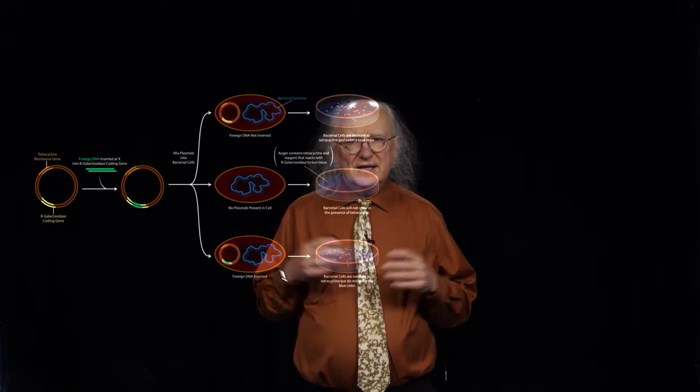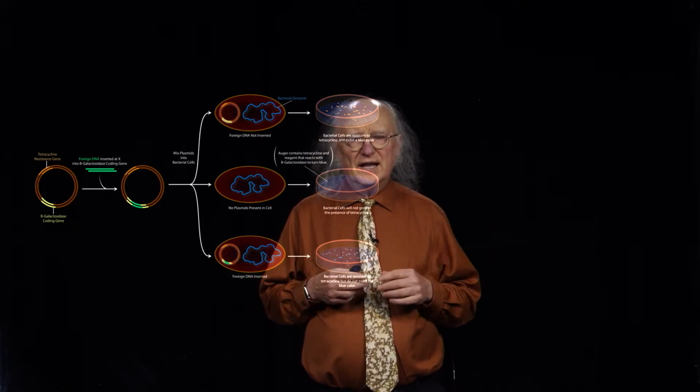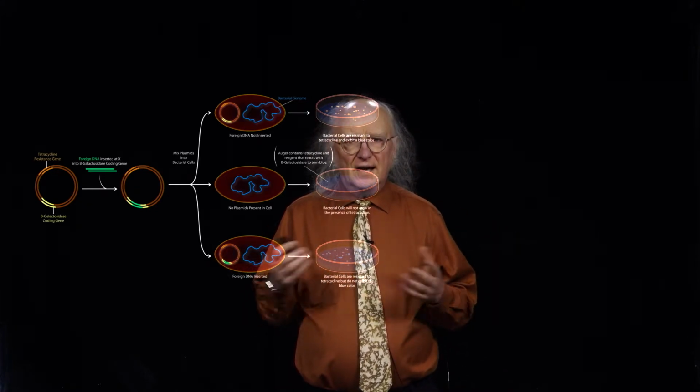Well, there's one additional step that people have used with X Gal that helps them to determine whether or not they've made a recombinant that they want. And so that's the subject of the next slide. So in this slide, we can see on the left a plasmid like what I've described.